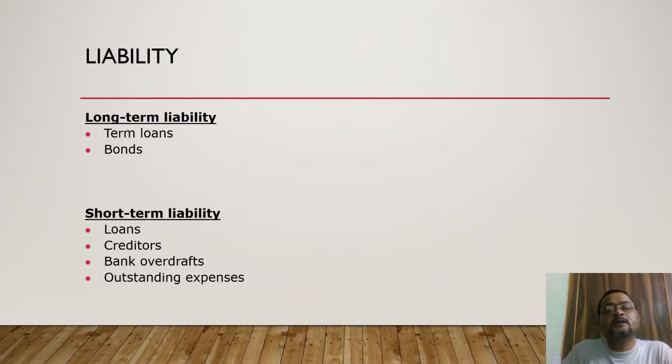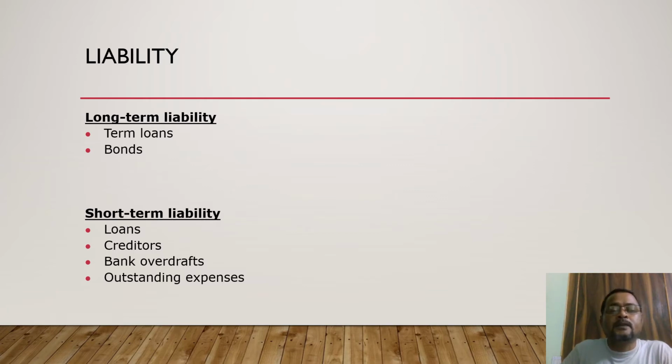It can be generated as a term loan from a bank like State Bank of India, Bank of India or Punjab National Bank, or for that matter any bank that is providing a loan to a business to undertake long-term expansion activities, etc. The second long-term liability is a bond. A bond is issued in the market.